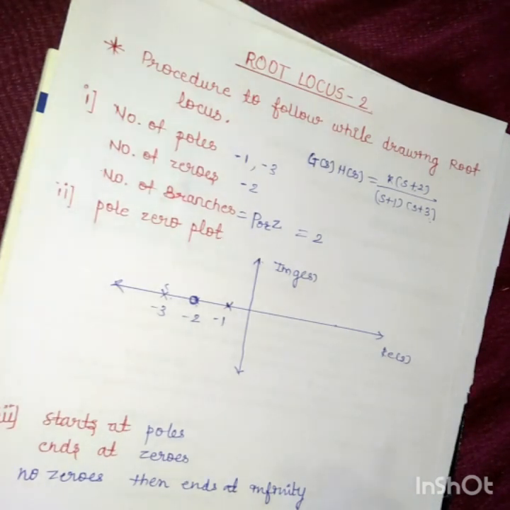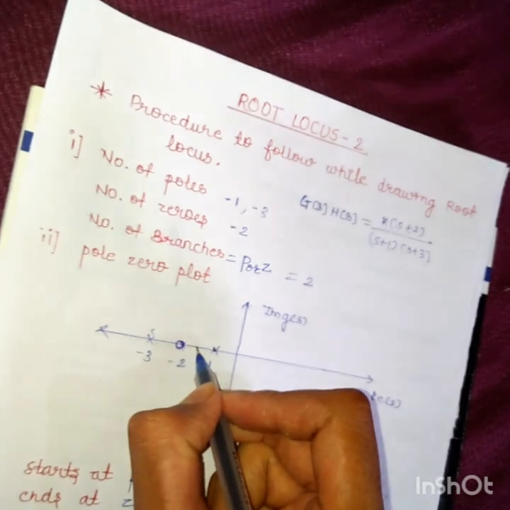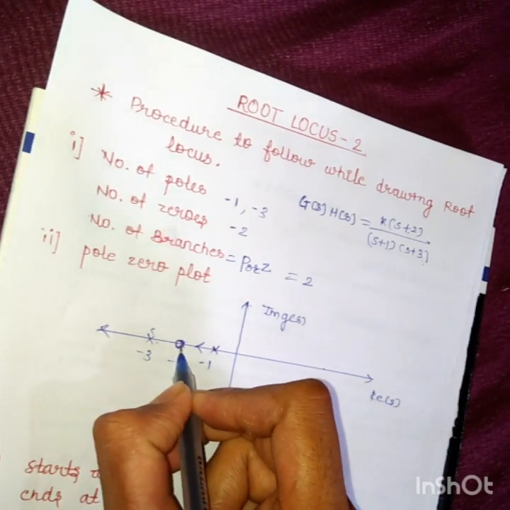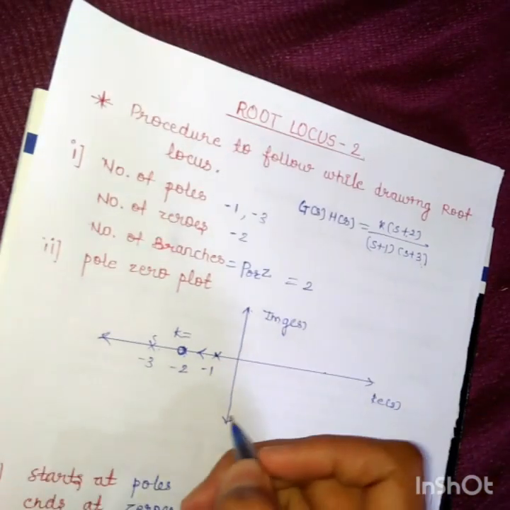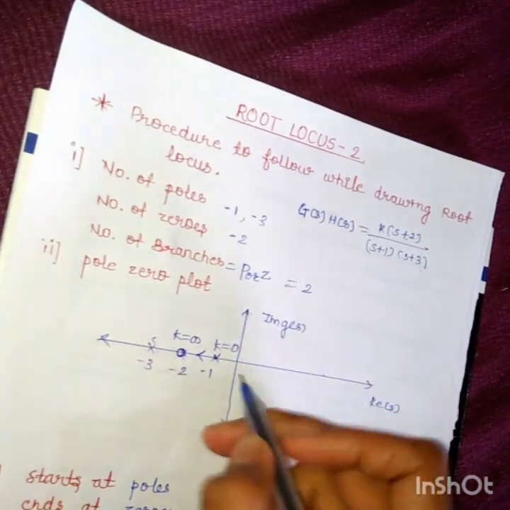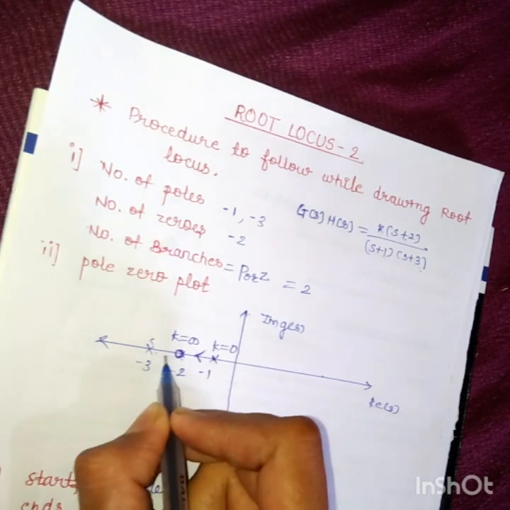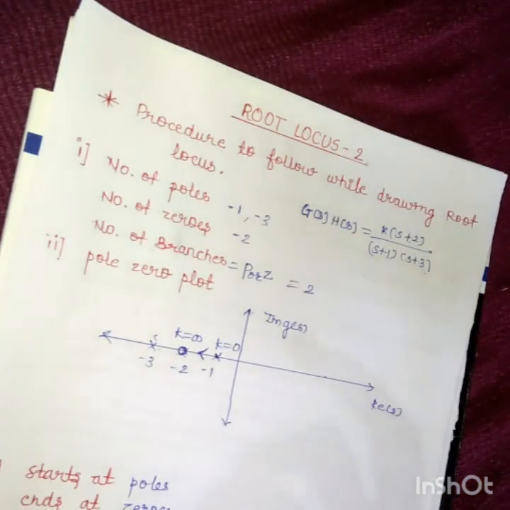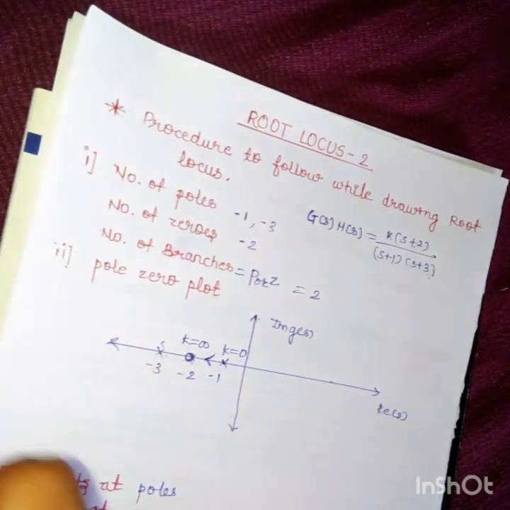Therefore one pole's Rootlocus will be ending at infinity, and one pole's Rootlocus will be ending at the zero. At the zero, as we learned in the previous video, K is equal to infinity, and at a pole K is equal to 0, because the root locus starts from the pole. Therefore the arrow will be from pole to zero. In this case there is no such zero for this other pole, therefore it will end at infinity.